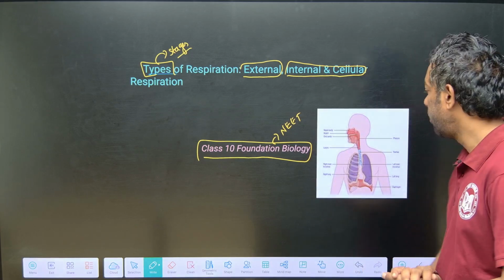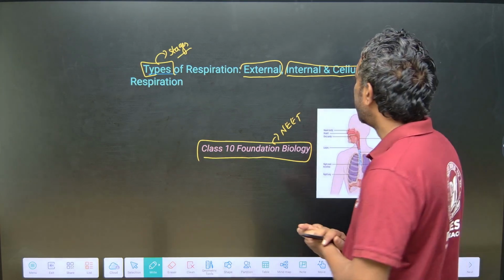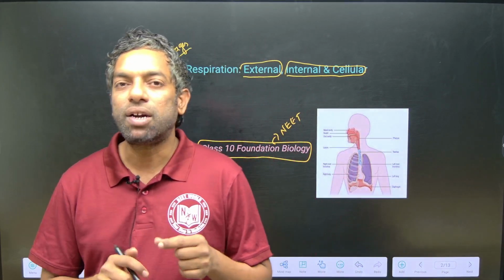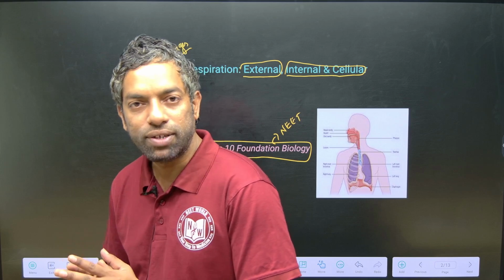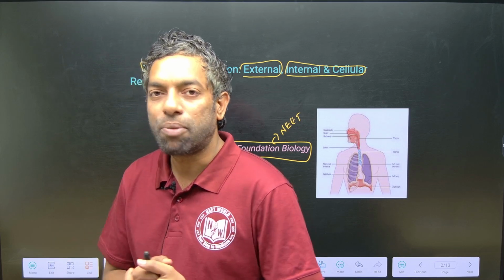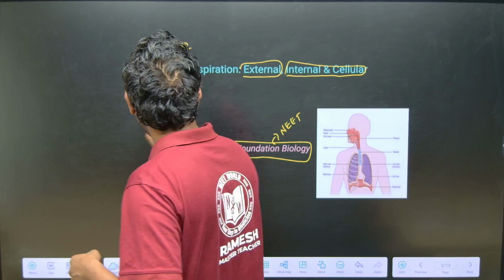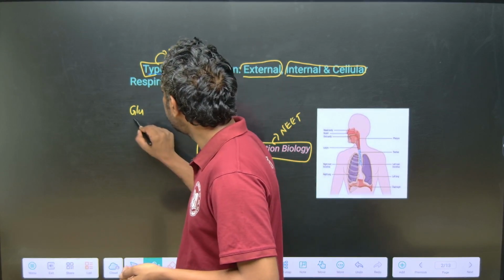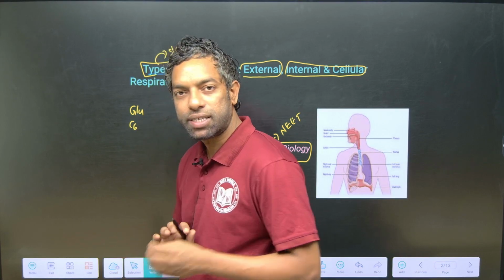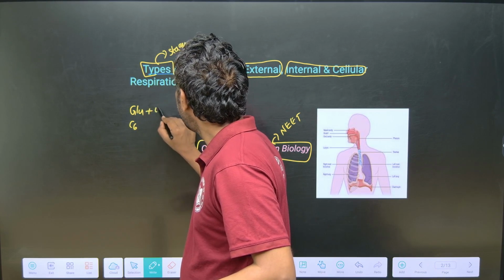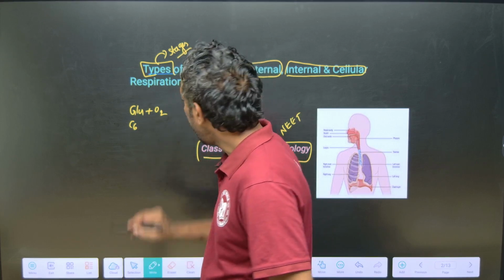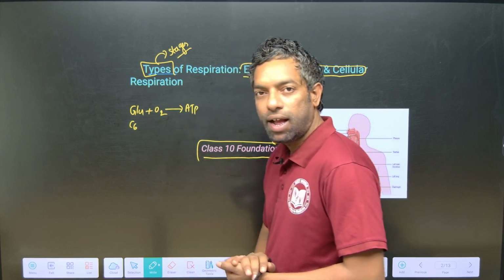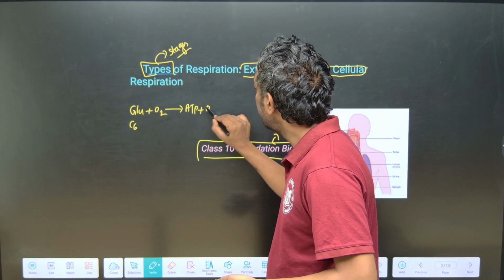Respiration, as you know, is the utilization of oxygen by the food product, which is glucose, converted into energy, which is ATP, with carbon dioxide as a byproduct. Glucose is a 6 carbon chain; it utilizes oxygen and gives energy in the form of ATP, and the byproduct is CO2 also.